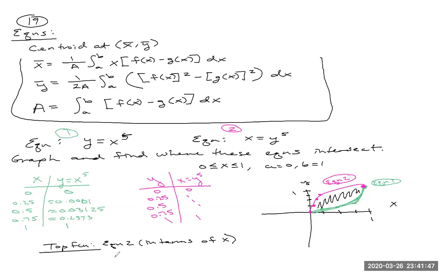So what we're going to do, we're going to solve for y. We wind up getting that the 5th root of x is what y is equivalent to. So our function on the top, f of x, will be the 5th root of x.